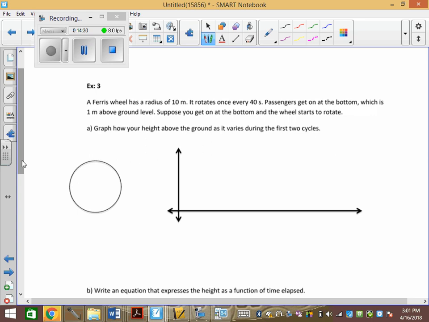So I draw a circle, and then I divide the circle into 4 pieces. Each of these 4 pieces is going to get me an XY coordinate. This one down here is going to give me 2. That's where I'm going to start.